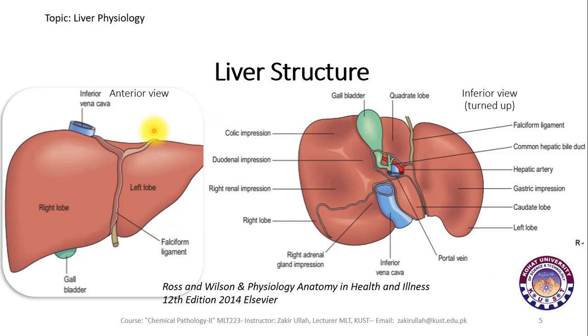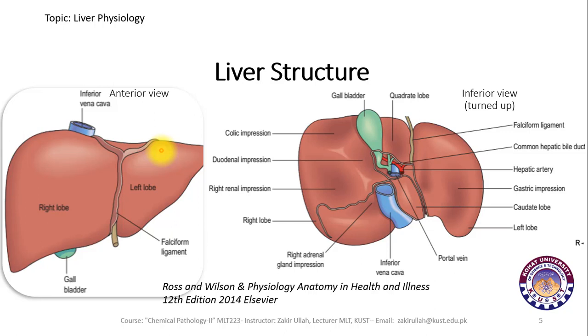In this slide, we have 2 views of the liver. The first one is the anterior view, which is on the right side of the slide, and the second one is the inferior view, which is turned upside down on the left side of the slide.